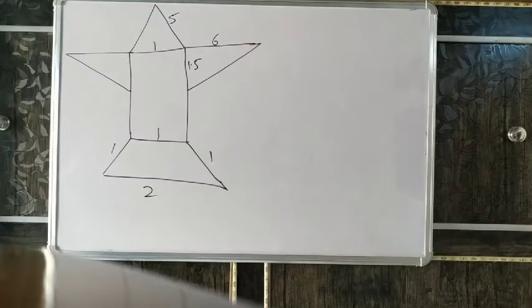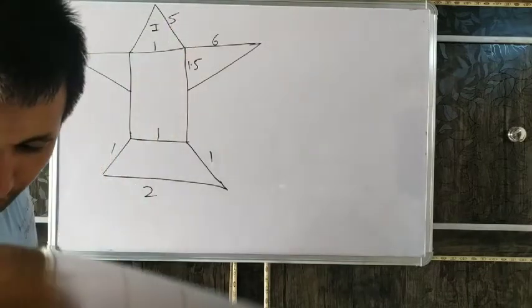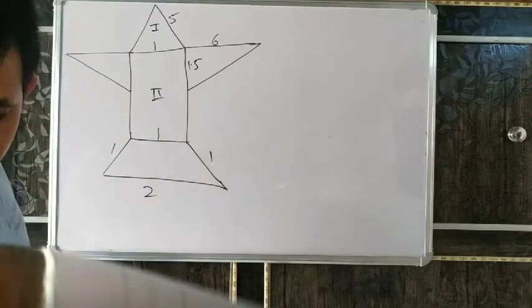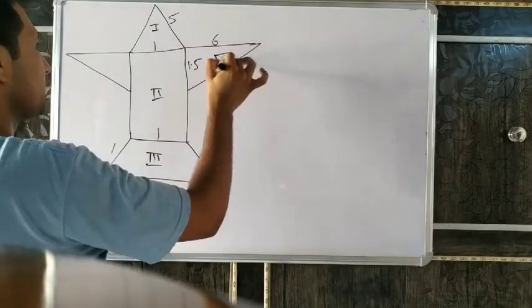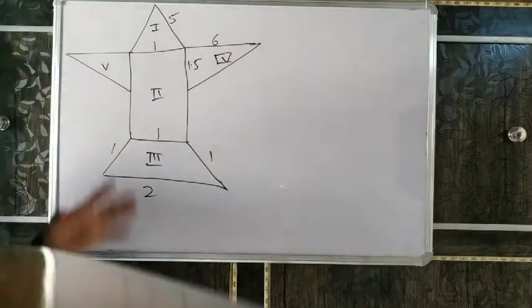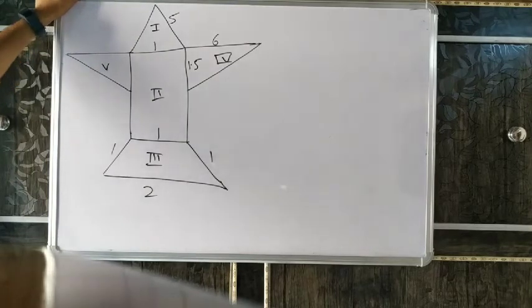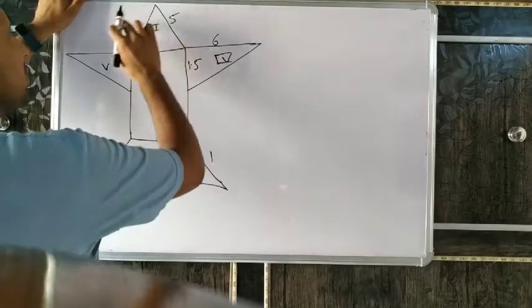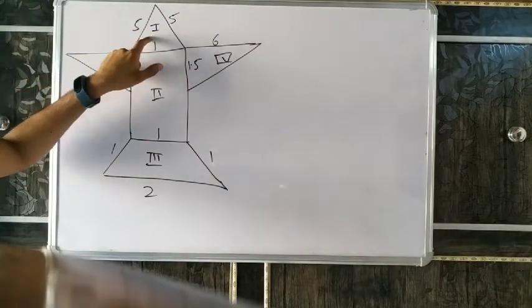So now finding: this is the first part, this is the second part, third part, fourth part and fifth part. So area is first part plus second plus third plus fourth plus fifth part. Understand? We know in the aeroplane this side is equal to this one. It is also 5.